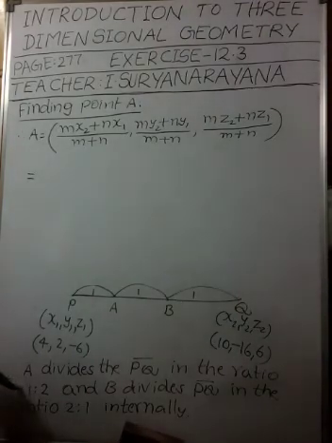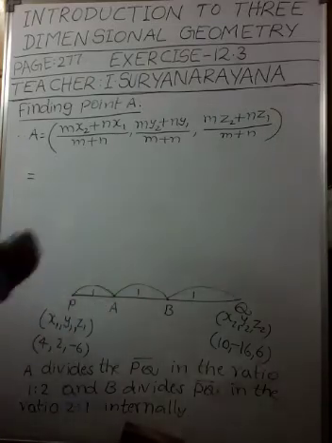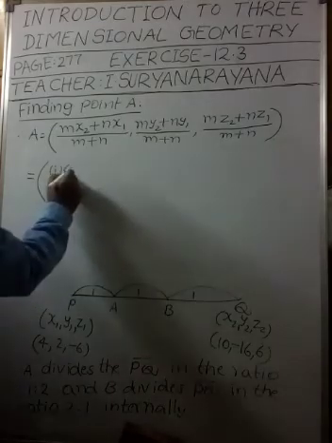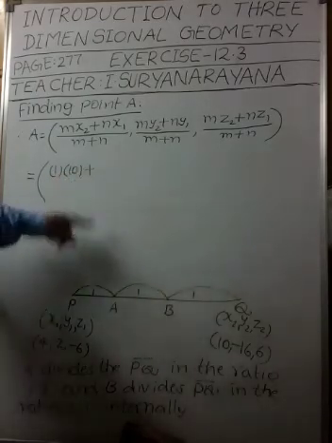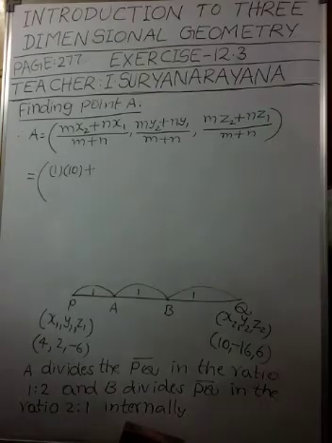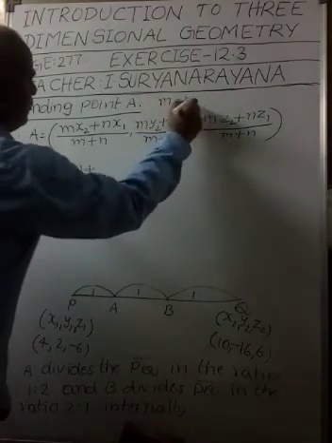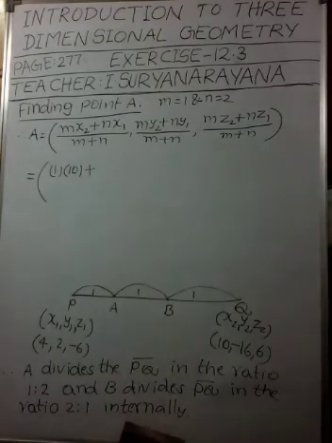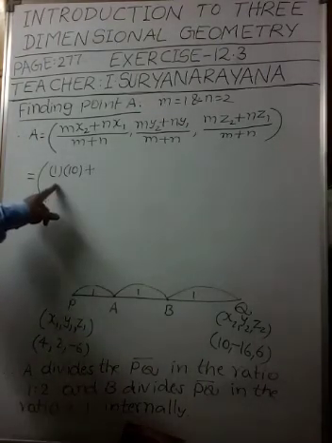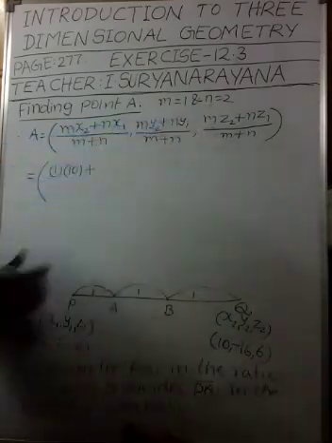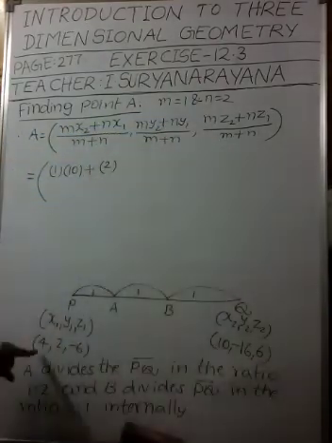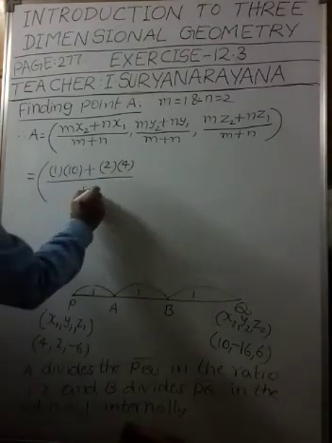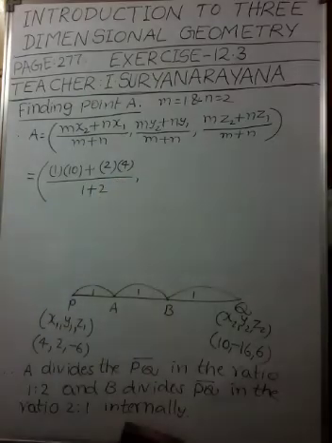Let us substitute these values. 1 into x2. What is x2 here? 10. Plus n, n means 2 here. M is equal to 1 and n is equal to 2. Okay, my children? So, mx2 plus nx1, 2 into x1, 4, by m plus n is substituted.